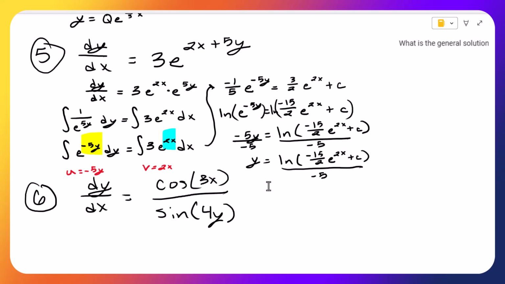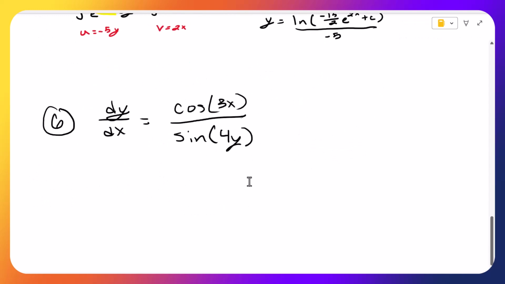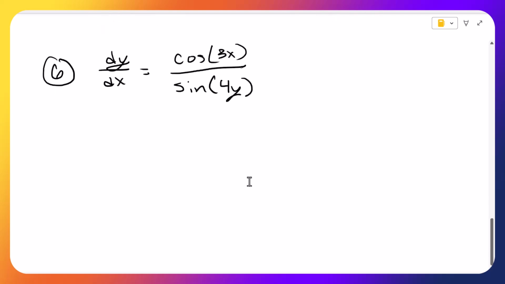Our product rule. No, we cannot. If these were being multiplied, we could simplify it further, but we can't. Okay, I just wanted to make sure. And that makes sense, that multiplication becomes addition, because it's the inverse of e, where addition becomes multiplication.